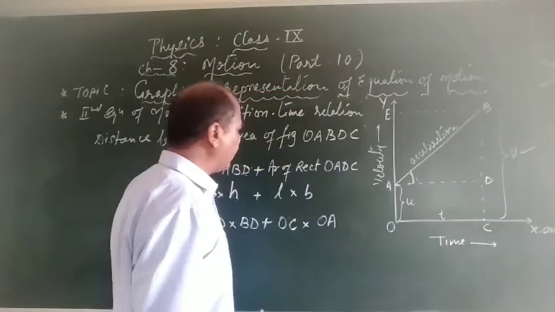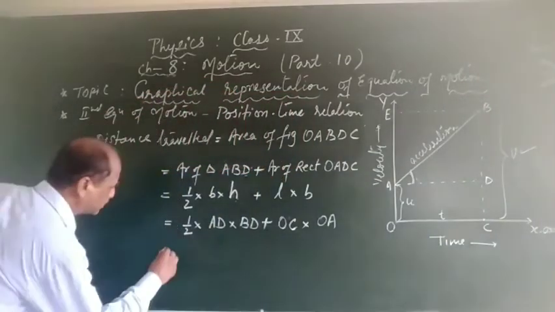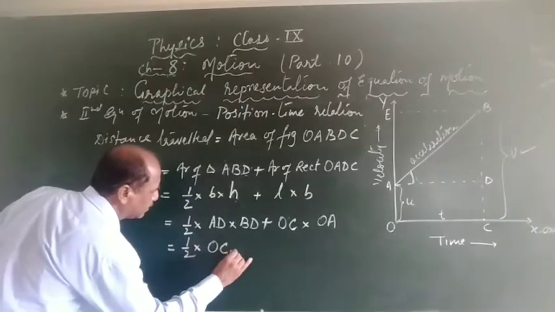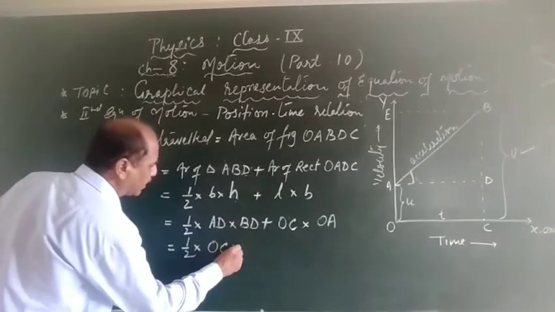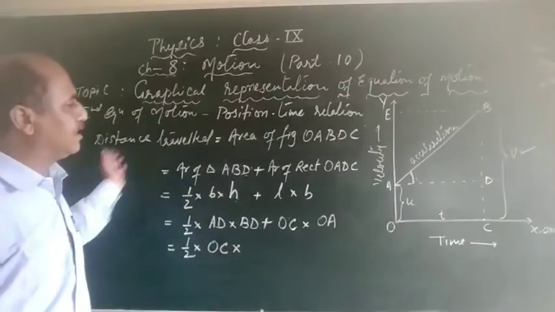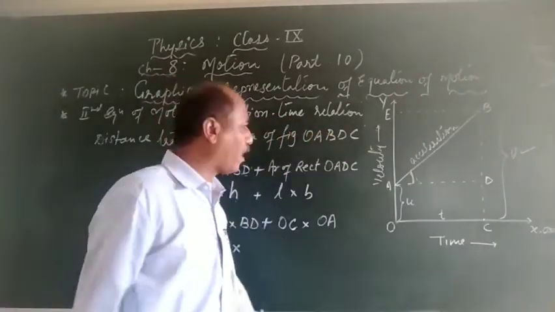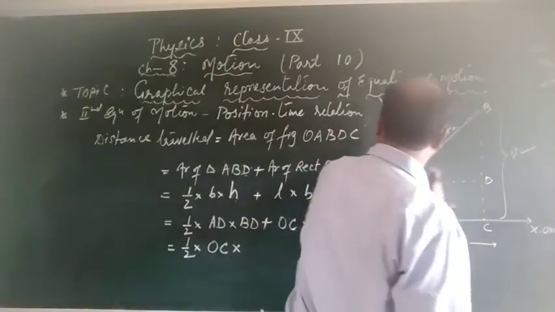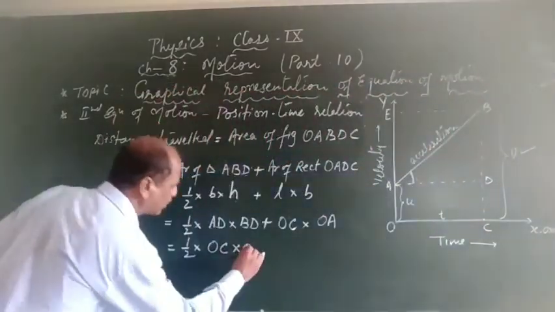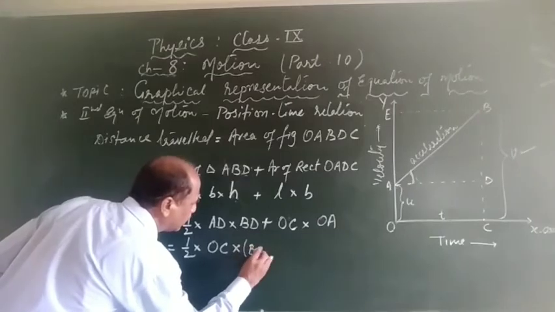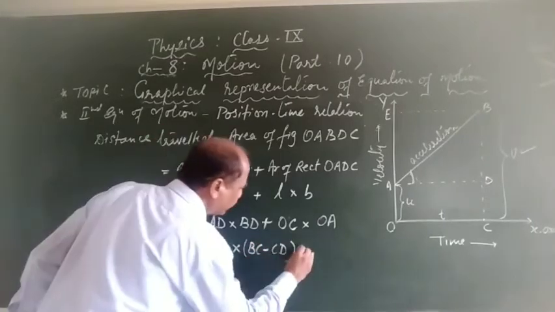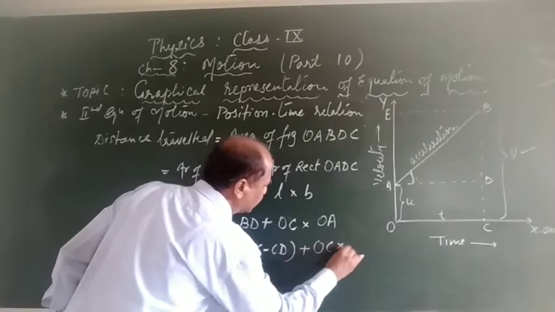We will write here in place of AD, half into OC. Now what is BD? We have already seen in equation 1 that BD is BC minus CD. So half into OC into BC minus CD, plus OC into OA.